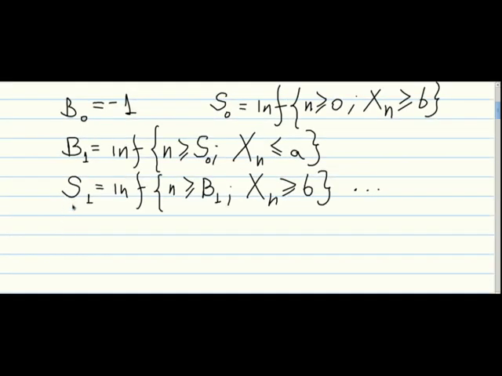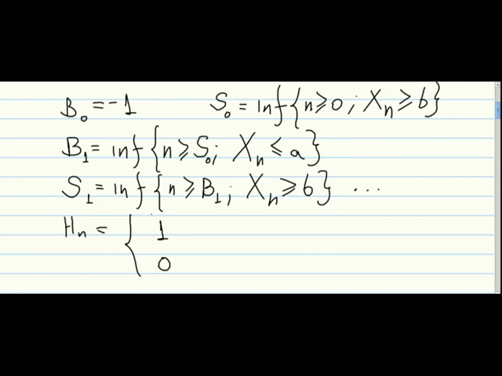Now we have everything set up to define our strategy H. So we're trying to define, sorry, Hn here. It's going to be a predictable process later. So H, intuitively speaking, is going to be: we are in or out.